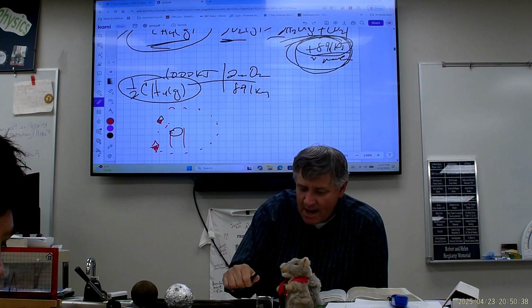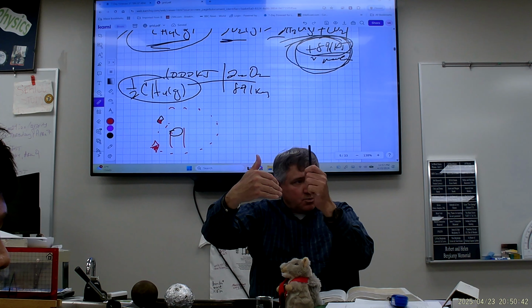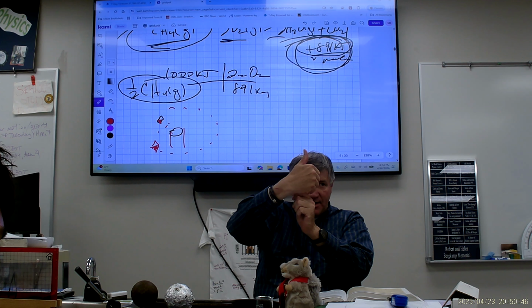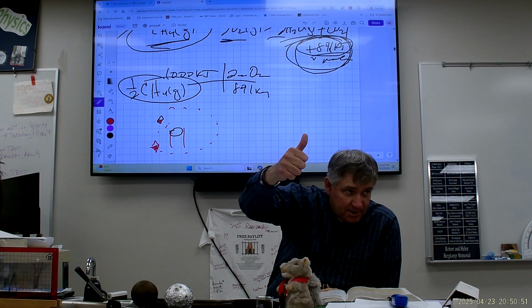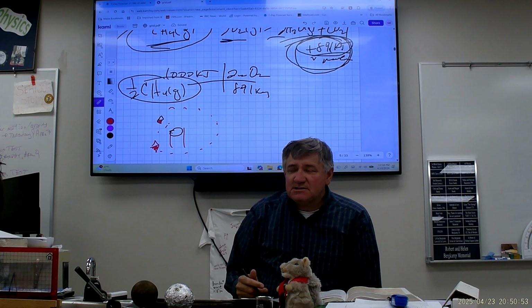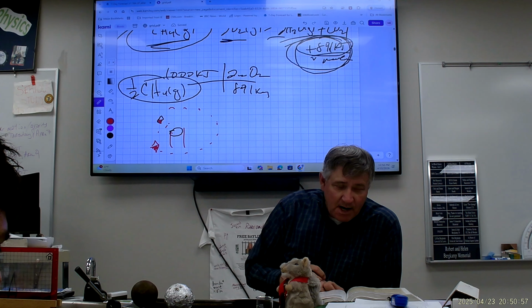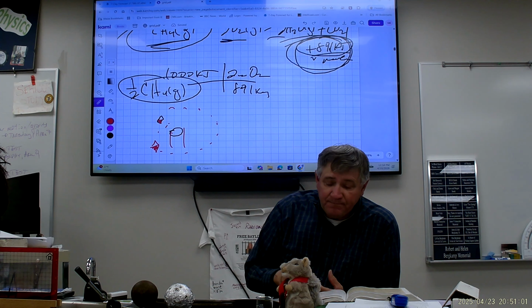So if you wrap your hand in this direction, so here's this wire, the magnetic field around it is going like this, which means your thumb is pointing upward. Okay? Now, this is where you have to be cautious about how you describe the direction of the current or the magnetic field.